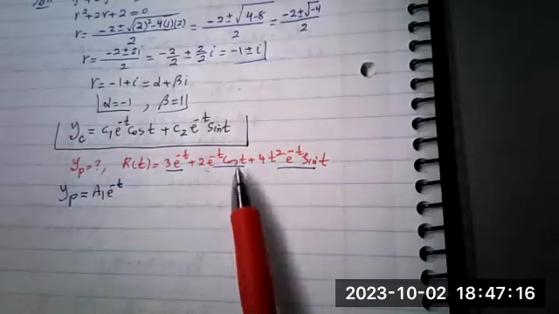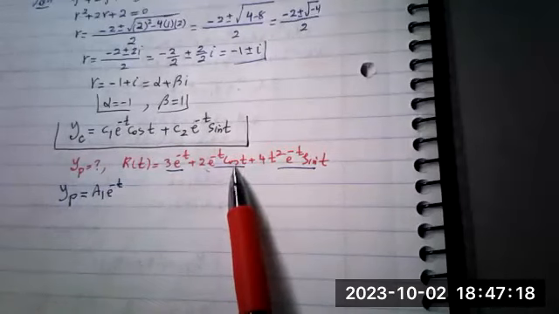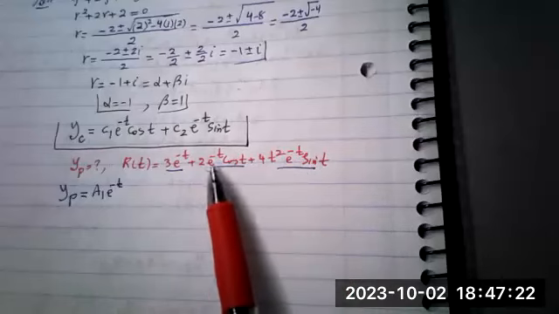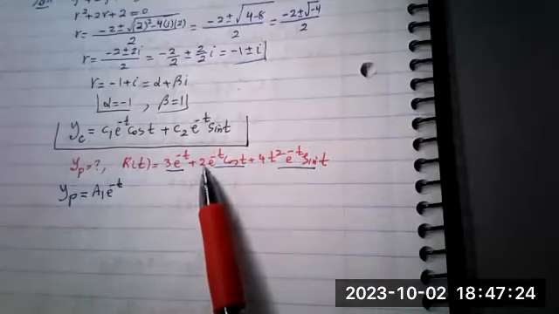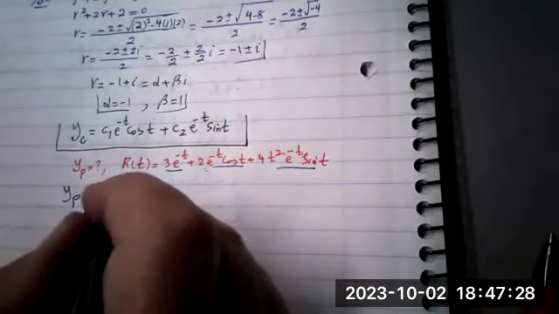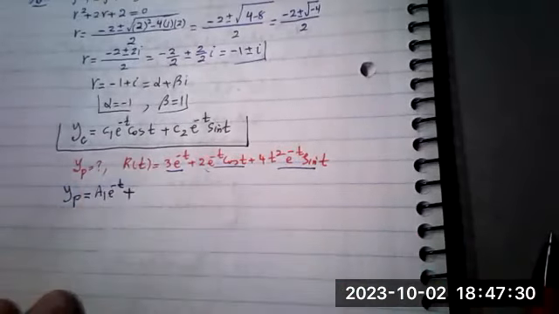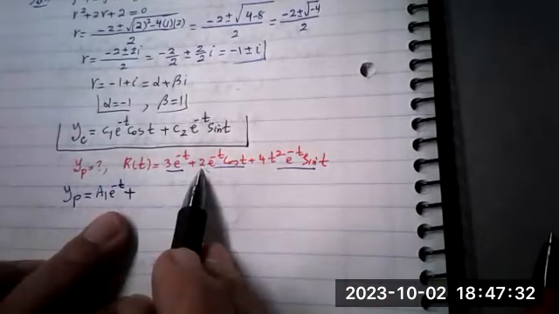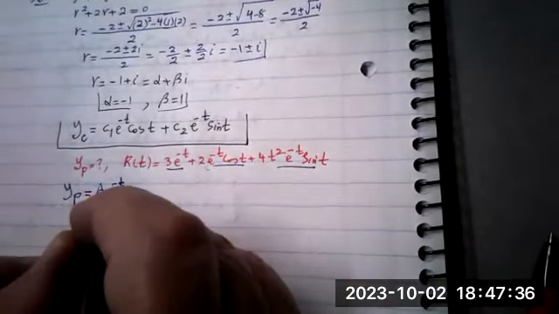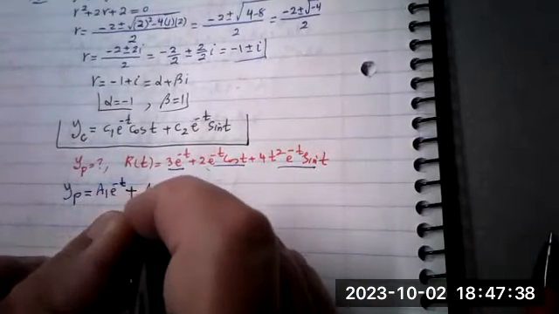Next, cosine. You know that for the cosine, we get a combination of cosine and sine. The coefficient is just a constant. So for the second one, the polynomial is a constant, so I need to have a constant. I already used A1, so I use A2.